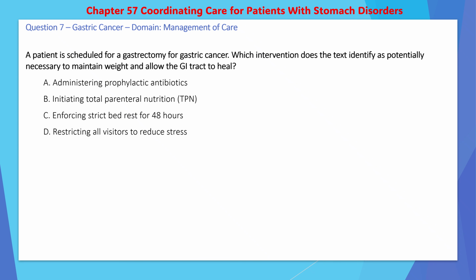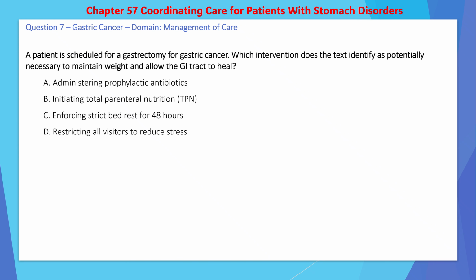Question 7. Gastric cancer, domain: management of care. A patient is scheduled for gastrectomy for gastric cancer. Which intervention does the text identify as potentially necessary to maintain weight and allow the GI tract to heal?